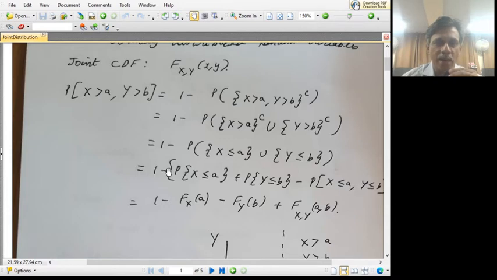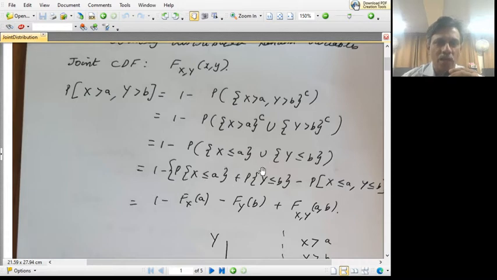So it is 1 minus [probability of X less than or equal to a, plus probability of Y less than or equal to b, minus the intersection of these two events, probability of X less than or equal to a, Y less than or equal to b]. So you can apply this negative sign on all of these.